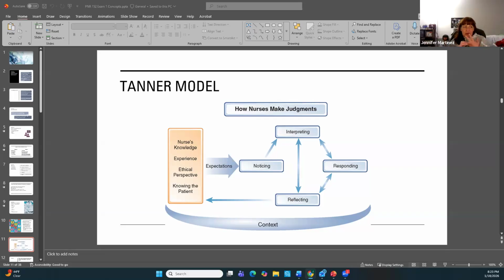What am I going to do? What implementations am I going to put into play? And then reflecting is your evaluation, right? How did my actions help, or how did my actions not help? What can I do better for the next time? Much like the nursing process.